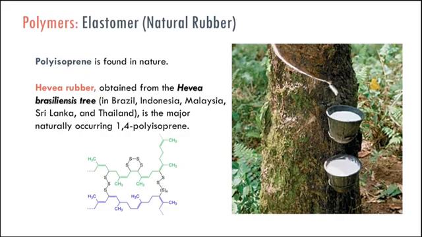The next type of the polymer divided by the molecular force we call the elastomer. The elastomer can be thought of as a rubber-like solid polymer. The behavior is you can change its shape with a little force, but once you remove the force from the polymer, it can go back to the original shape.